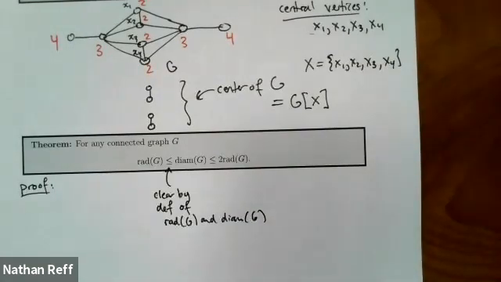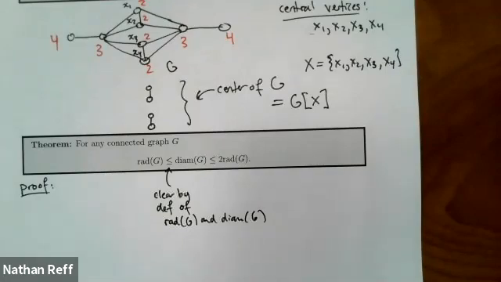What's something where the radius and diameter would be equal? If that happened, all the eccentricities would have to be the same, because the minimum would have to be equal to the maximum. That could happen if everything was at distance 2. Like a 3-cycle.